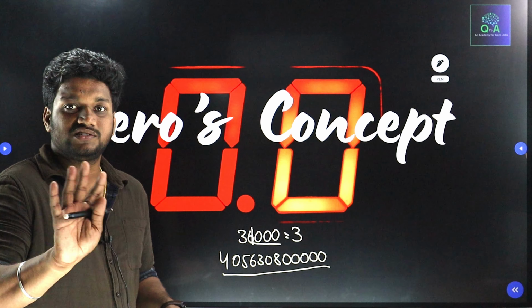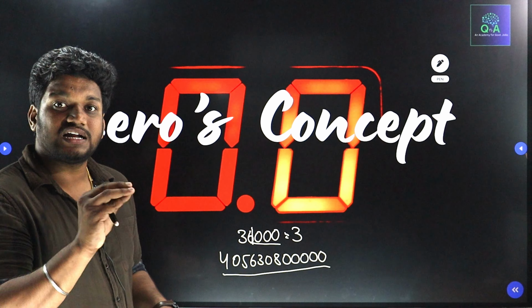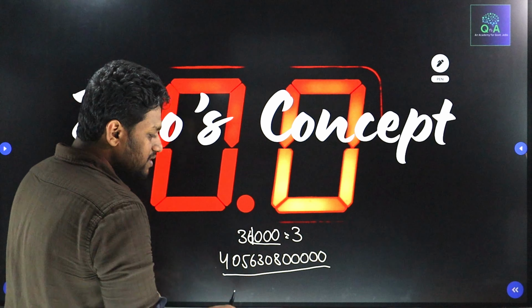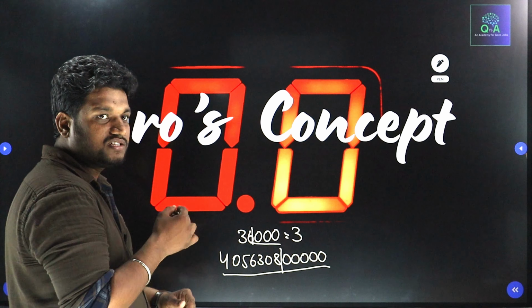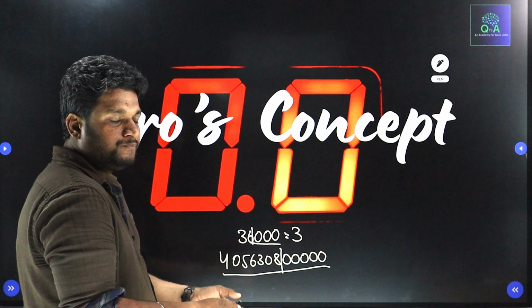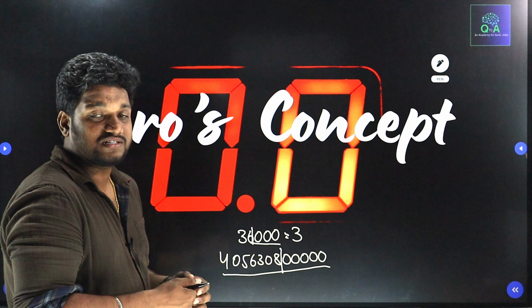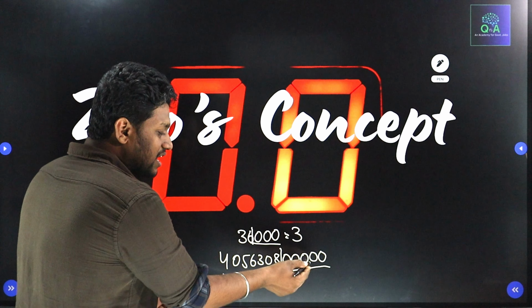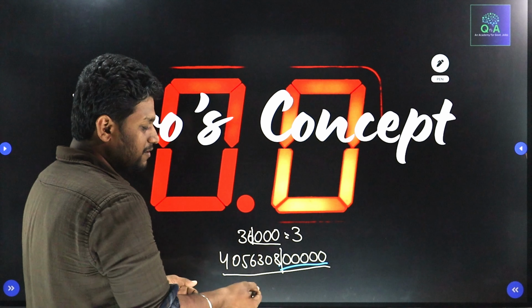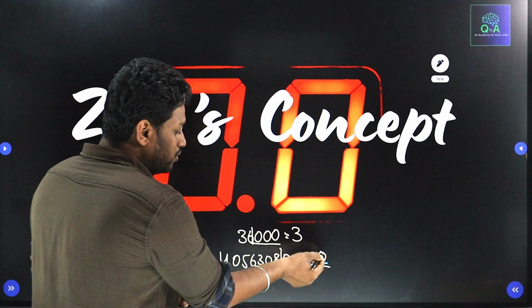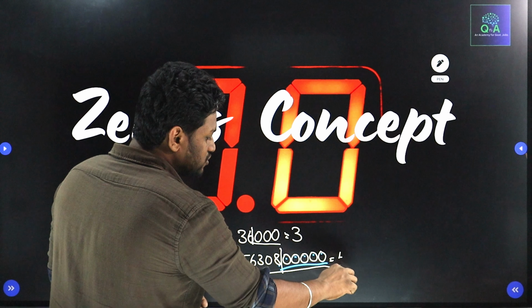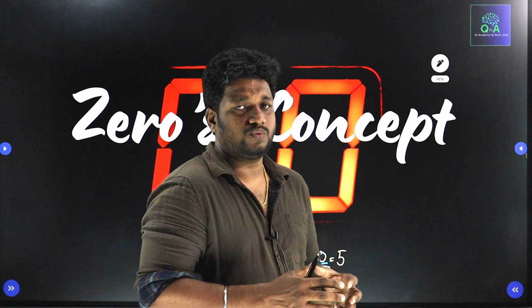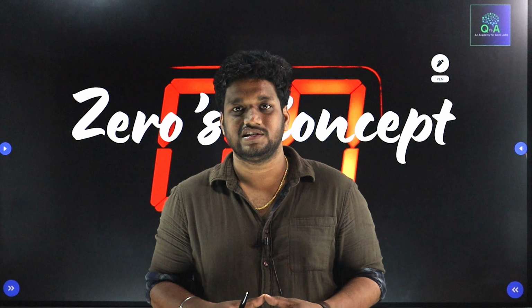But they are not asking zeros, they are asking trailing zeros. Trailing zeros means, after the last digit, how many zeros do I have? Those zeros you'll be considering as trailing zeros. Now after the last digit, how many zeros do I have here? 1, 2, 3, 4, 5. So my answer is going to be 5. This is the exact concept of trailing zeros.